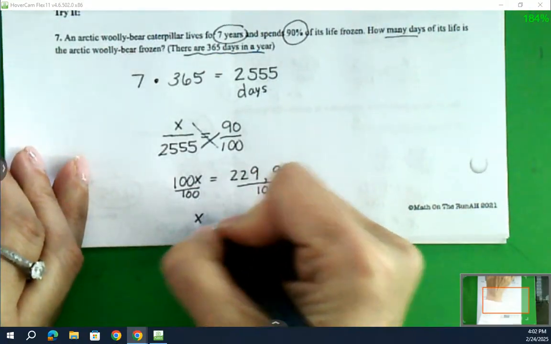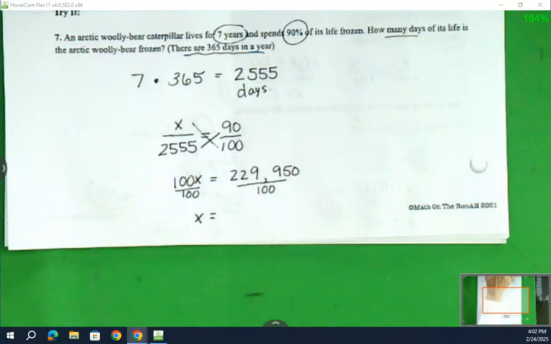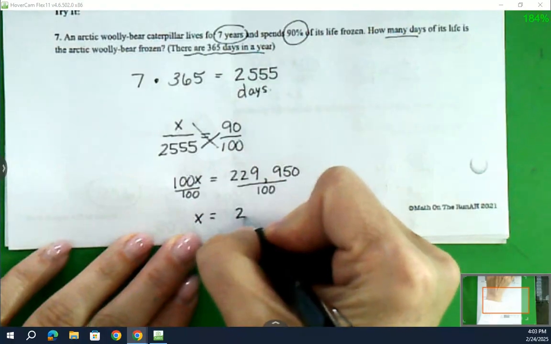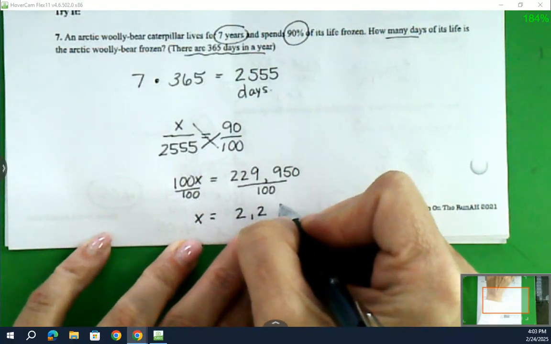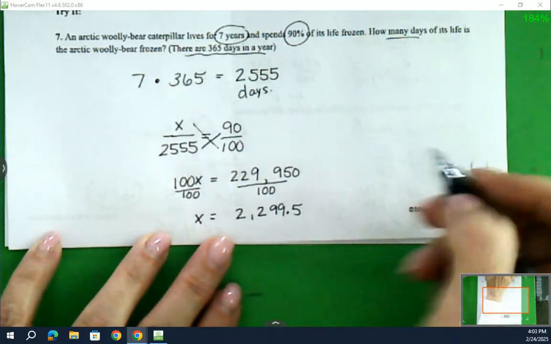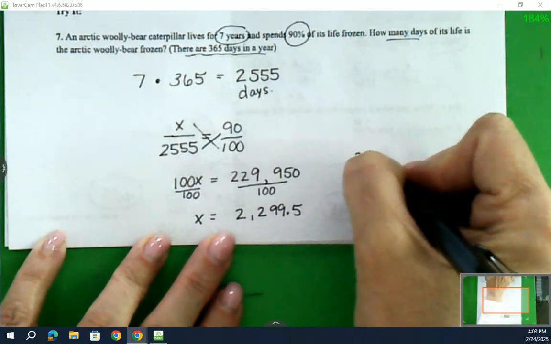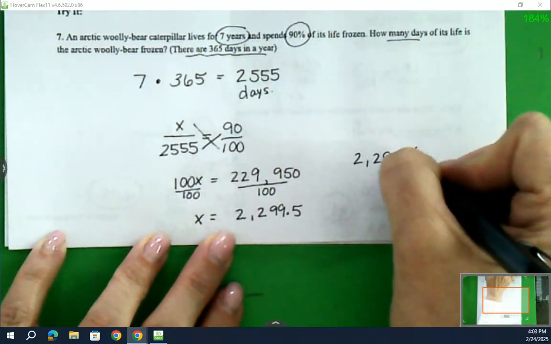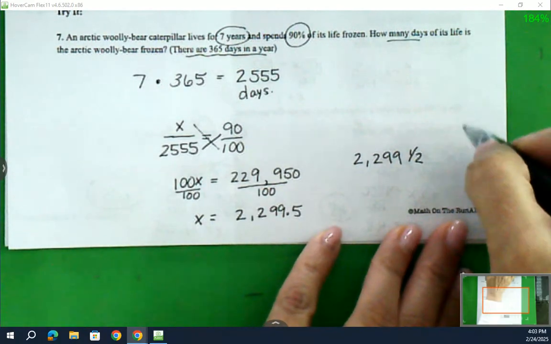And we get x equals 2,299.5. So that's going to be 2,299 and a half days.